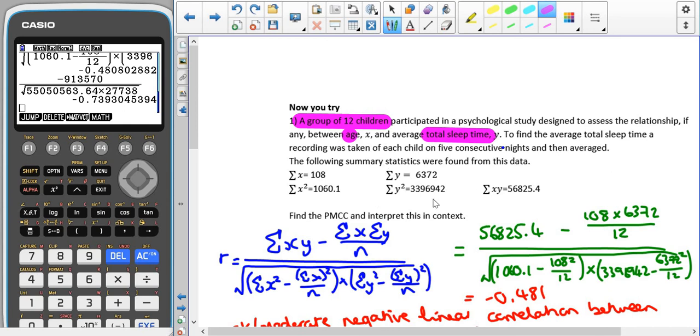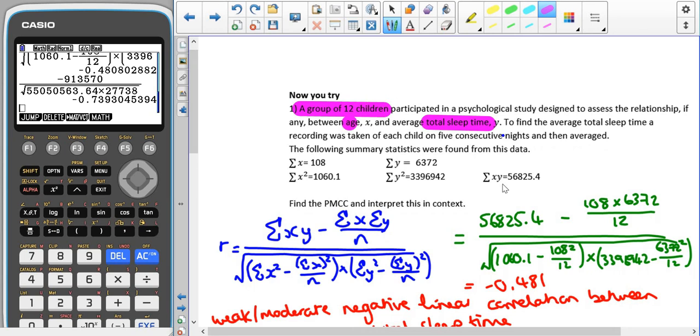And then we have our summary statistics here. The average total sleep time recording was taken for each child on 5 consecutive nights and then averaged. So our N is 12 and all the other information is given to us in the question.